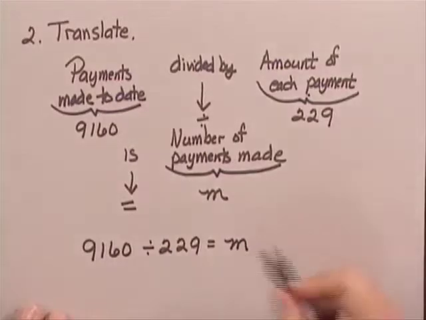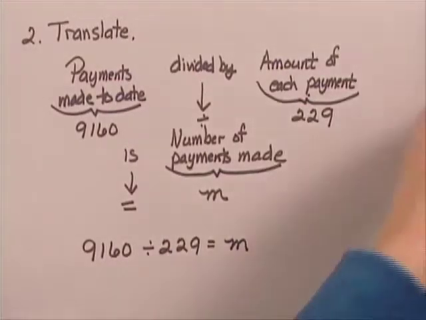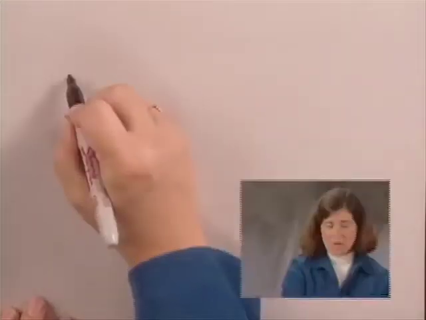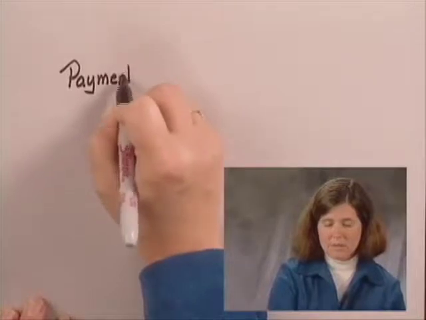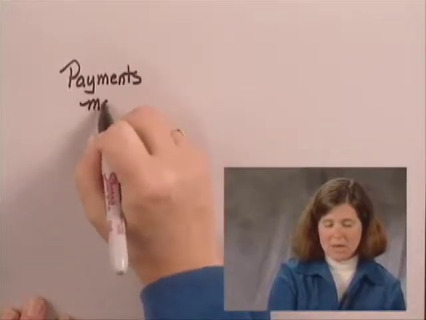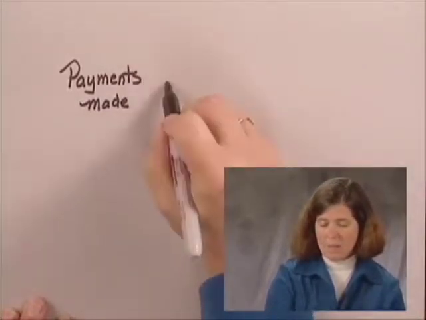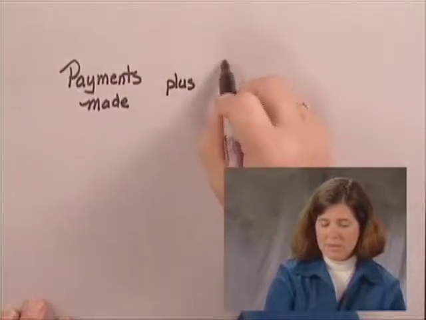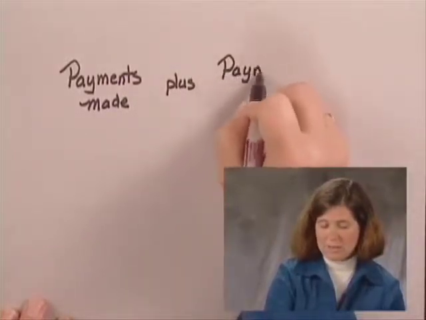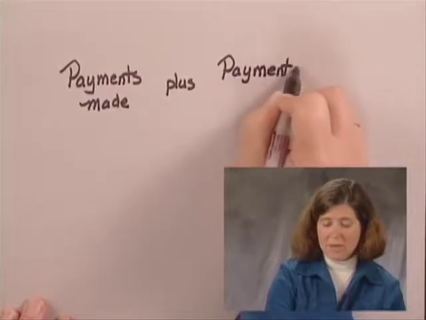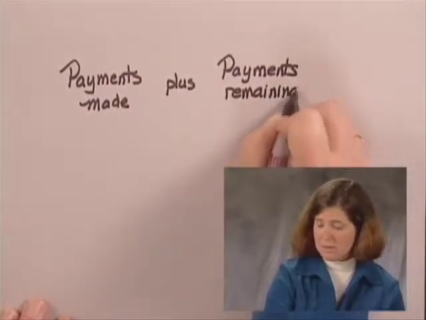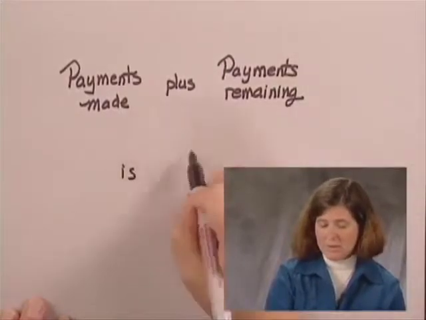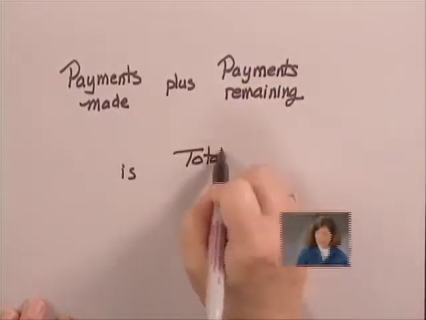We were asked to find the number of payments that remained. So we're going to need another equation. And we can think of that as the payments already made plus the payments that remain to be made is the total number of payments.